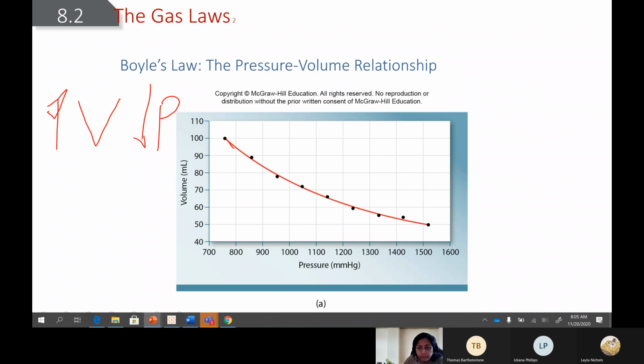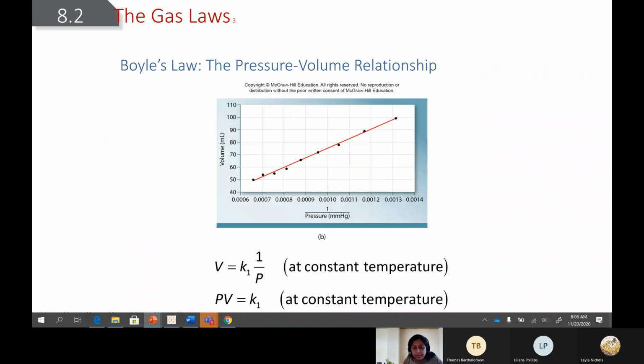As an example, when the volume is 50, the pressure is 1500 millimeters of mercury. But if I increase the volume to about 55, then the pressure has decreased to about 1450 millimeters of mercury. So when we increase the volume, the pressure will decrease at constant temperature of a gas sample.